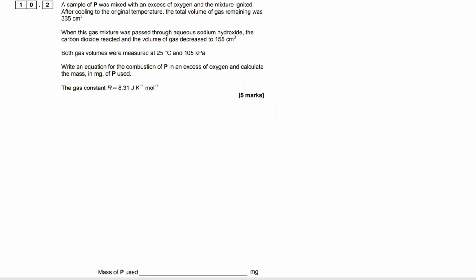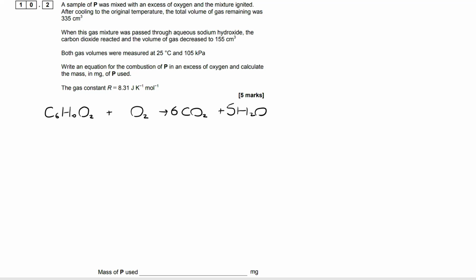We then take a little sidestep and we move into the ideal gas equation and some maths. Now, 5 marks, we're working out a mass of a particular component of this, P. 5 marks tells us there's quite a lot to consider. Going to start off by doing the equation for the combustion of C6H10O2, and I am balancing it.